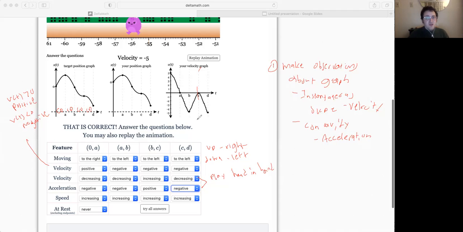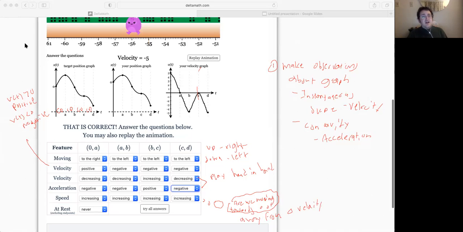Okay, so what we're going to do now is look at speed. For speed, a good question to think about here is, are we moving towards zero or away from zero? I should say, are we moving towards or away from zero velocity?